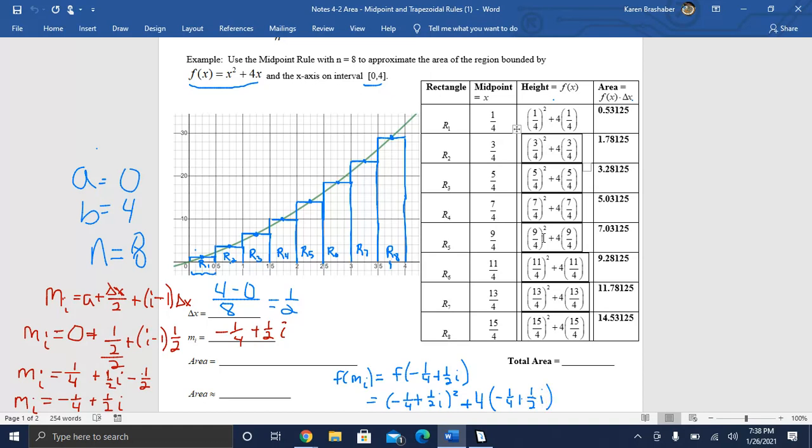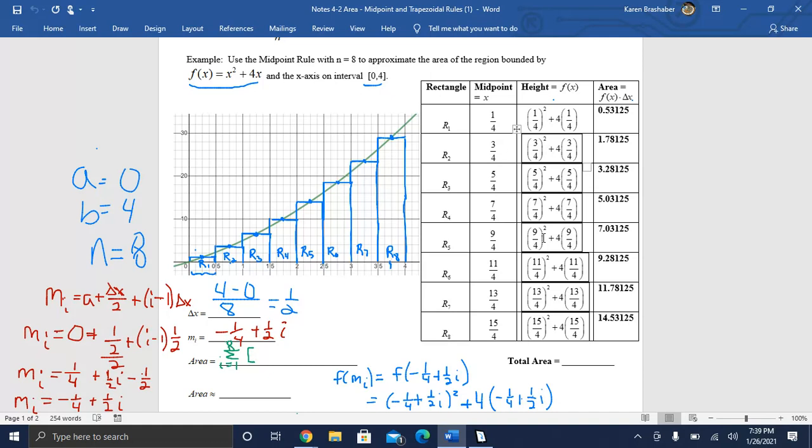So as we calculate the area will be a summation from I equals 1 to 8, 8 being your number of rectangles. So I equals 1 to 8. And since I already did my F of Mi, I can go ahead and write that in.